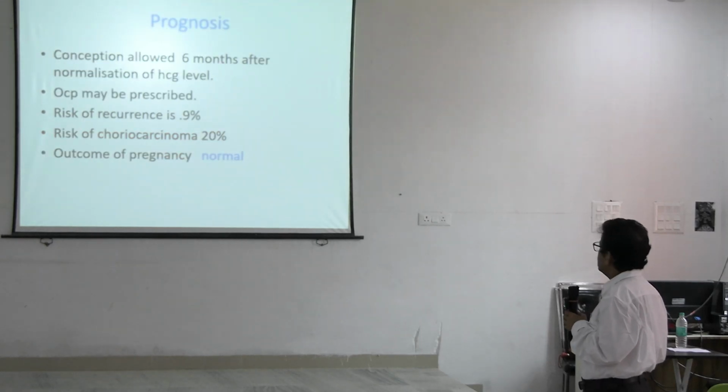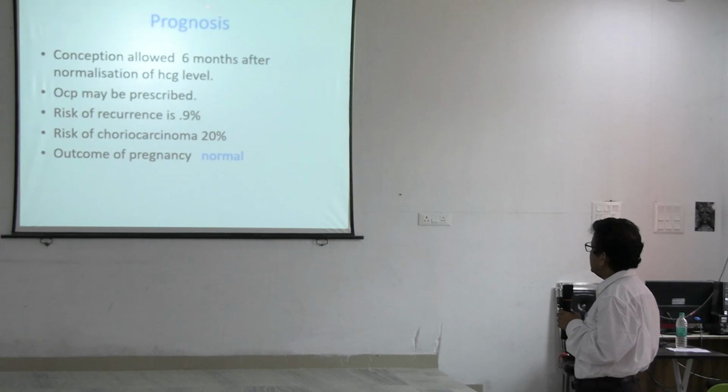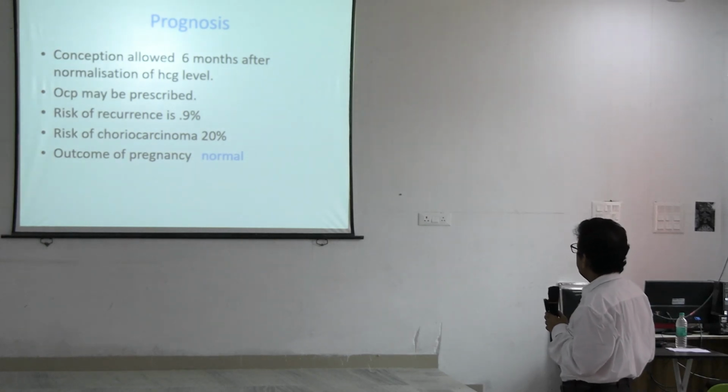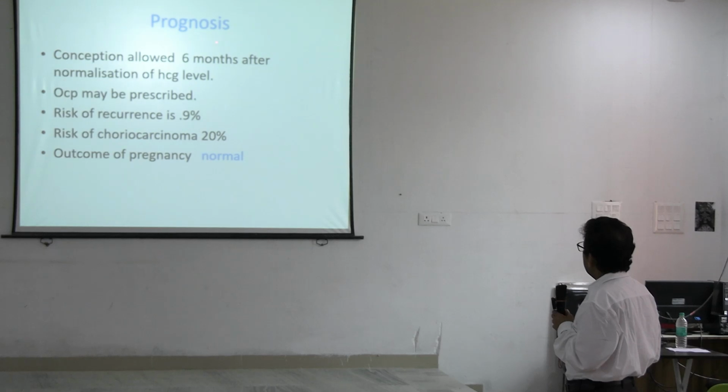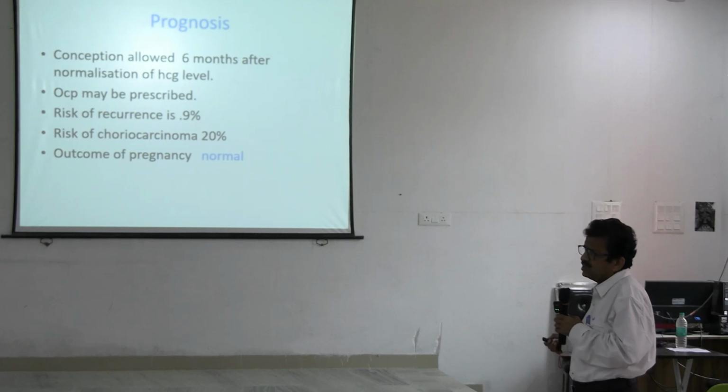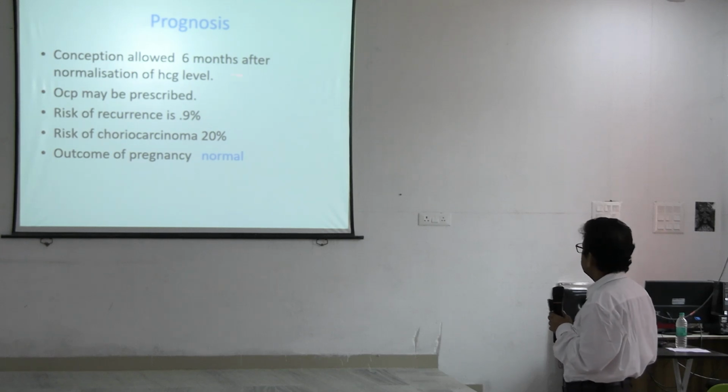So what about the prognosis? Already mentioned, it is a benign disease, but with a 20% chance of malignancy. If it normalizes within 6 months, conception can be allowed 6 months after normalization.